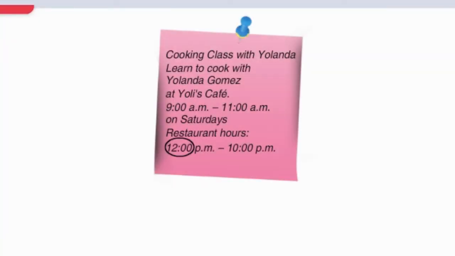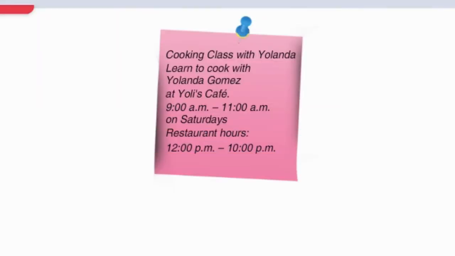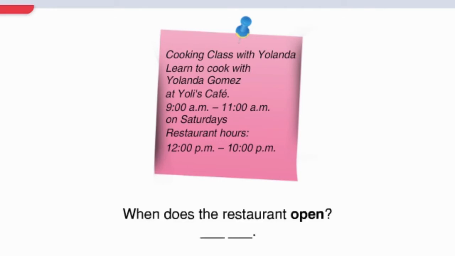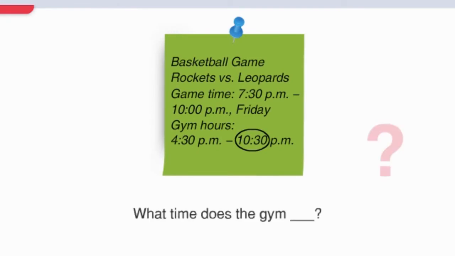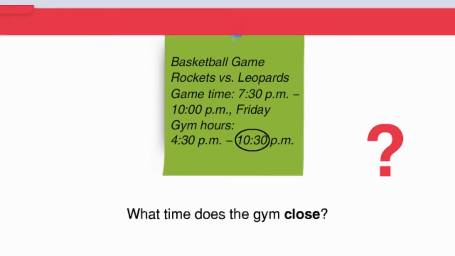Look at the picture. Ask the question. When does the restaurant open? Listen to the question. Look at the picture. Answer the question. When does the restaurant open? At 12 p.m. Look at the picture. Ask the question. What time does the gym close?